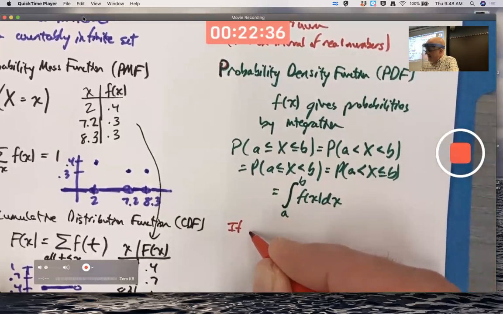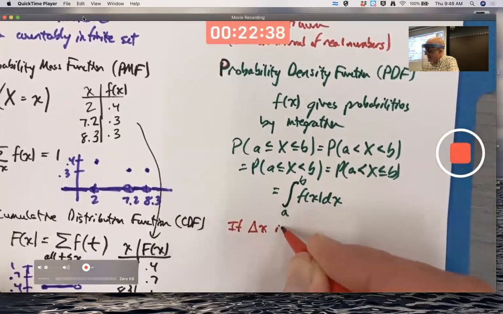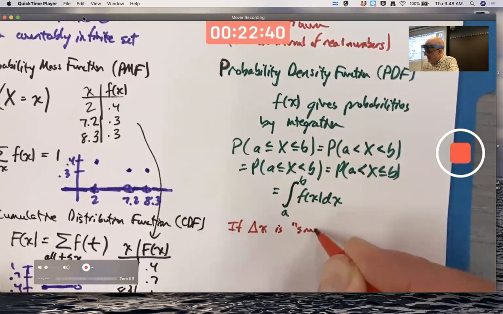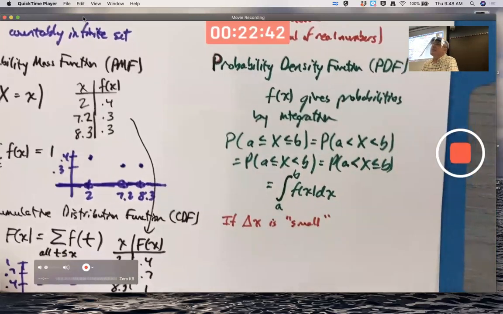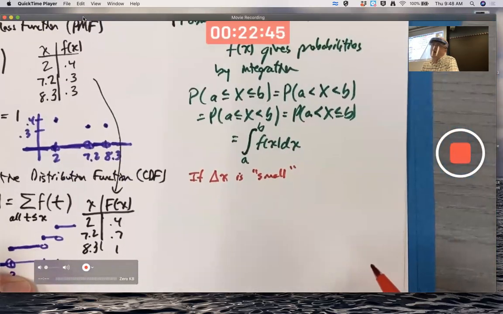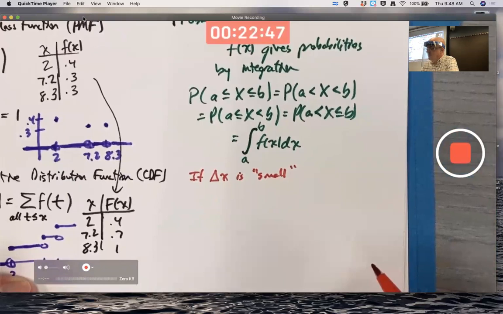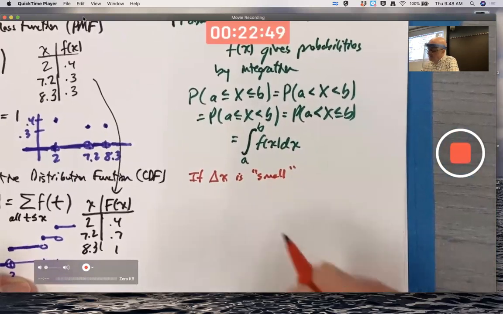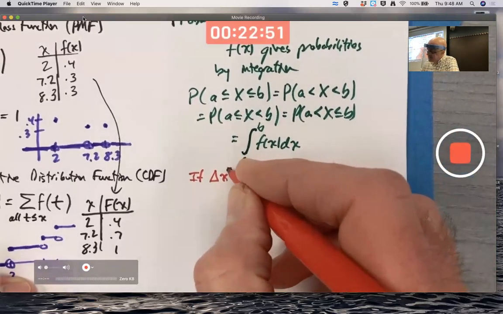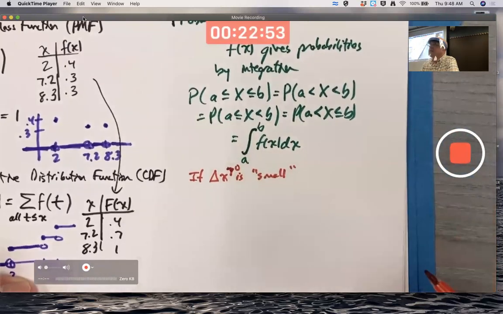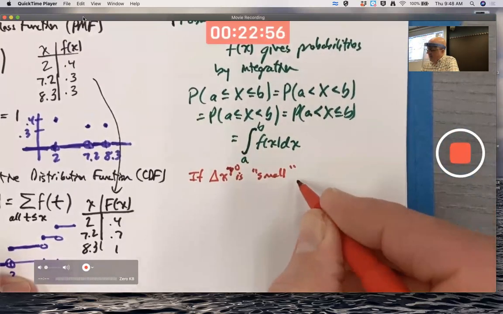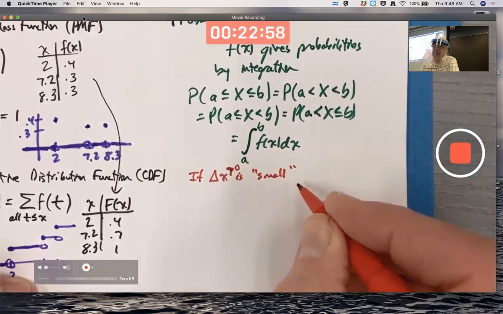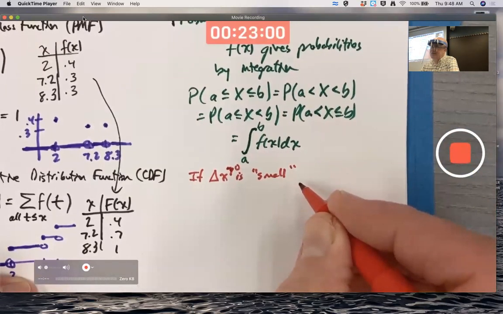Let me say if delta x is small, if I've got a small positive number, it's going to be greater than 0. Small, how small? That depends. It depends on the nature of the PDF itself to some degree, how extreme its graph is.